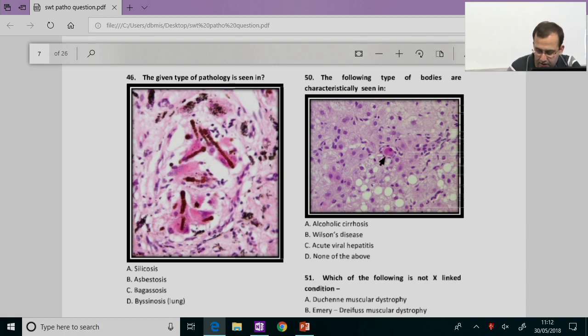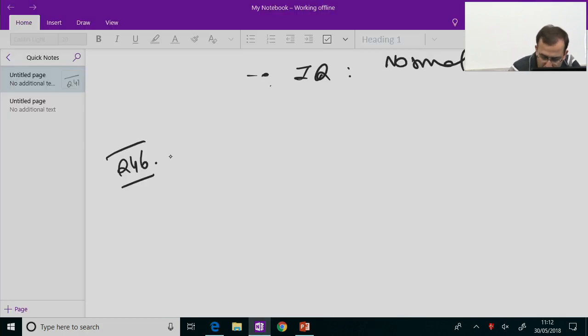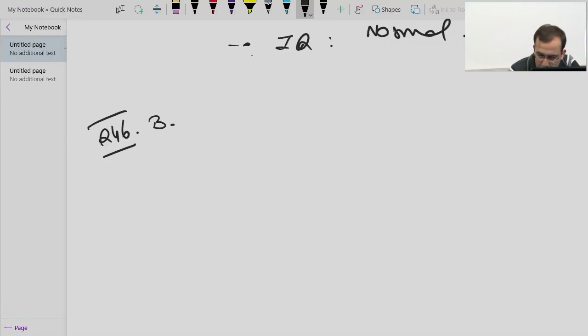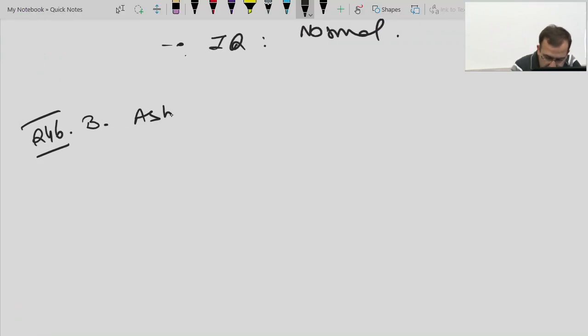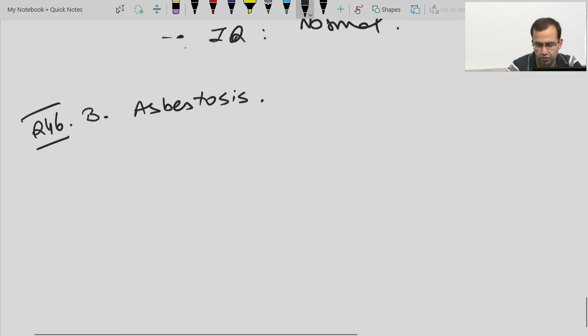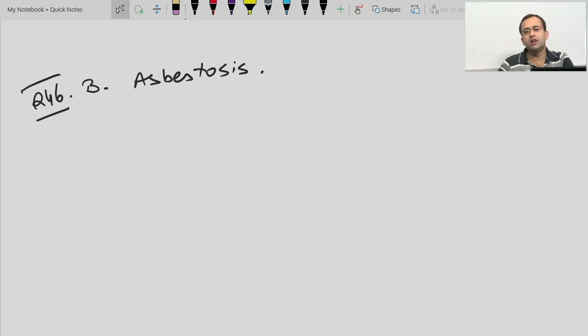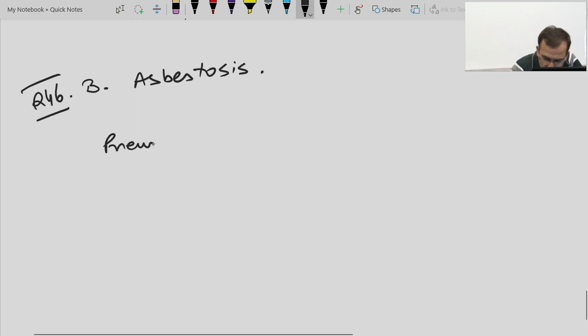So the answer is B, that is asbestosis. What it was showing you was the presence of asbestos bodies. So this gets us to the main topic in lungs, that is restrictive lung diseases. The main restrictive lung disease is pneumoconiosis.